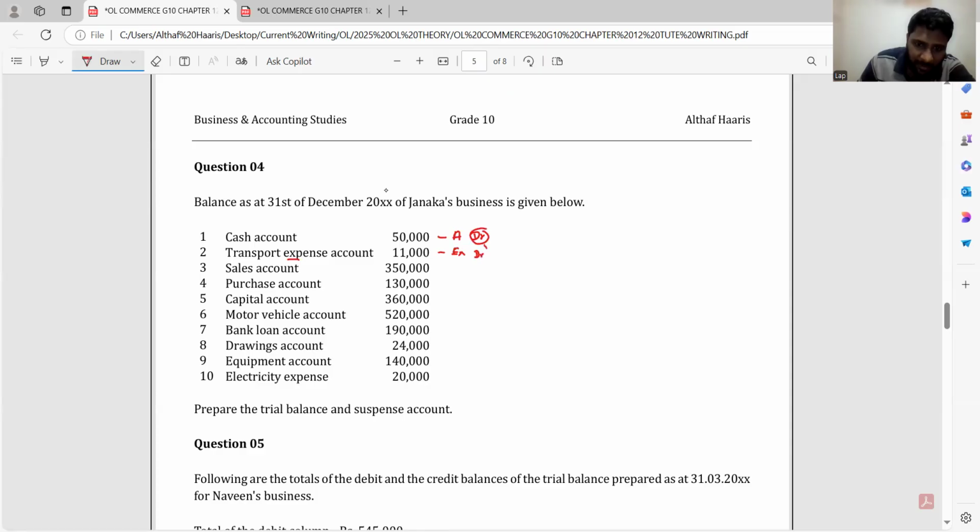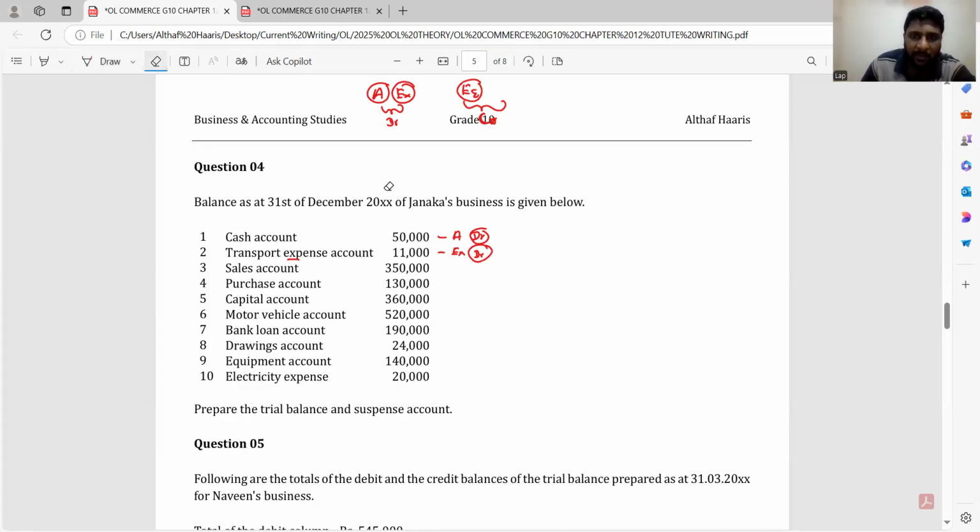Expenses are debit accounts. So you know assets and expenses are debit accounts. In general, yeah. Then equity, liability, income. These are what accounts? Credit accounts.